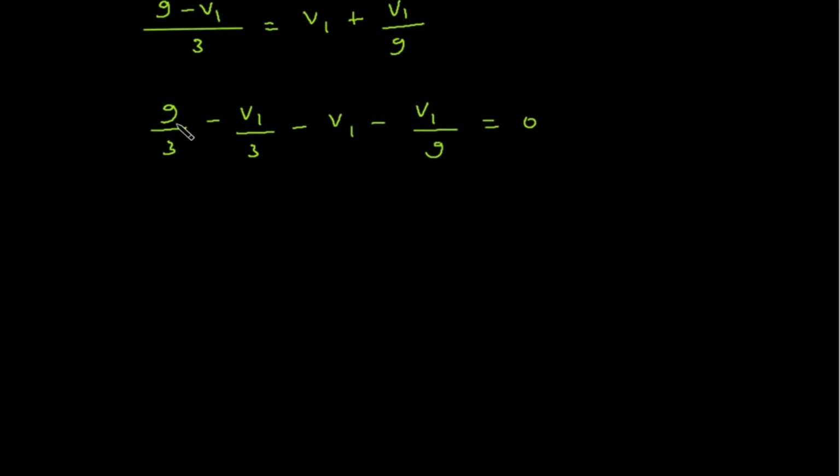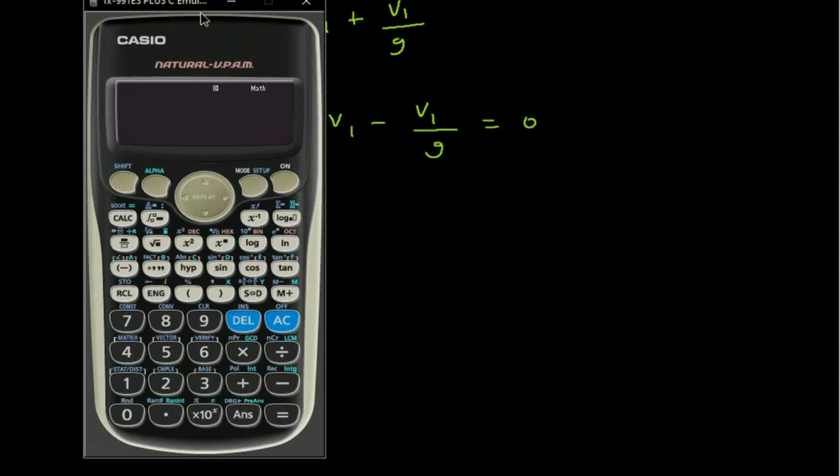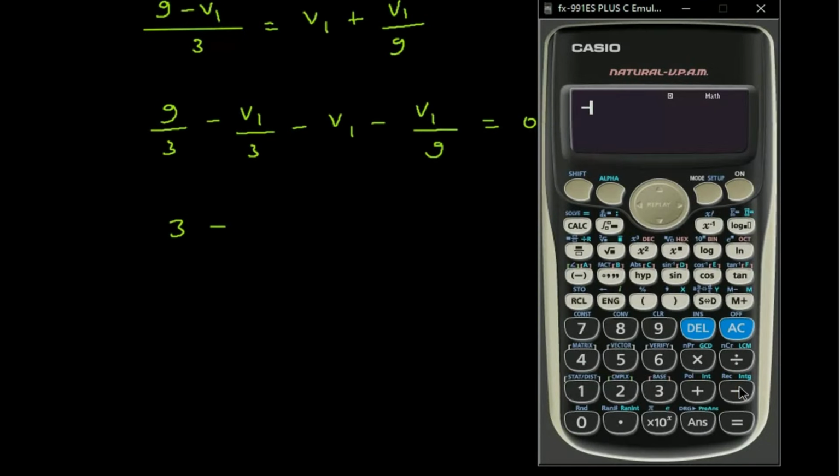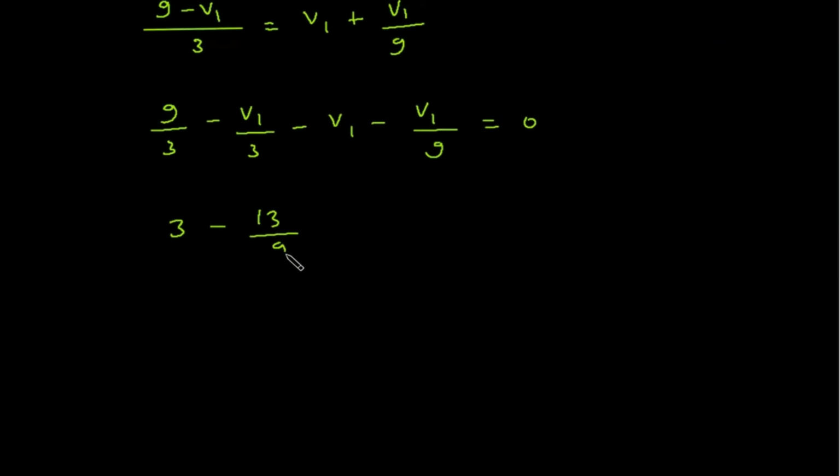So this will be 3 minus 1 by 3 minus 1 minus 1 by 9, minus 13 by 9. So minus 13 by 9 V1 is equal to 0. So this is equal to 13 by 9 V1 is equal to 3.